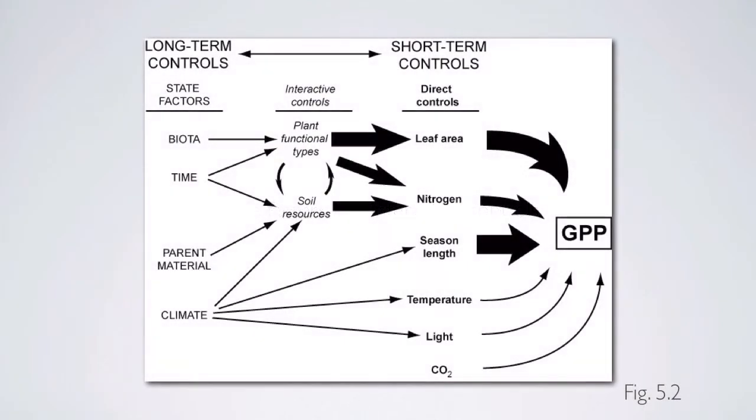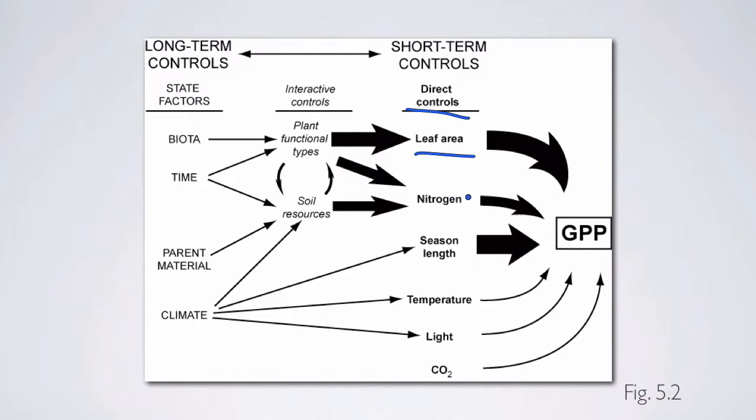Now, to understand some of the basic patterns in GPP, we're going to use the state factor and interactive control approach again. Here's figure 5.2, and we've seen figures like this before where we're trying to understand variation, in this case, in GPP. Now, there are proximal controls or direct controls, such as leaf area. The more leaf area you have, the greater the impact on GPP.